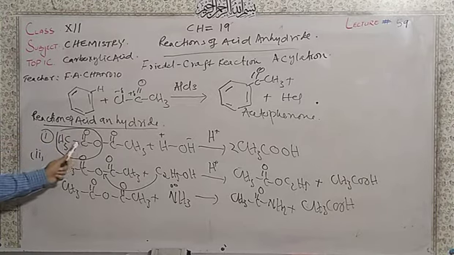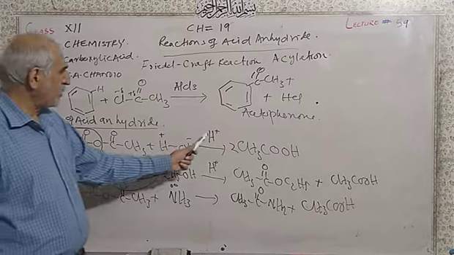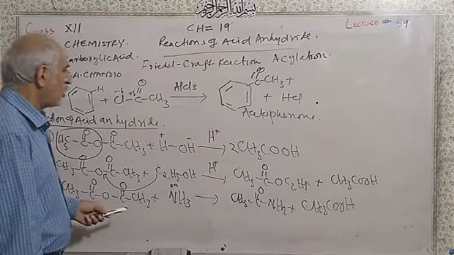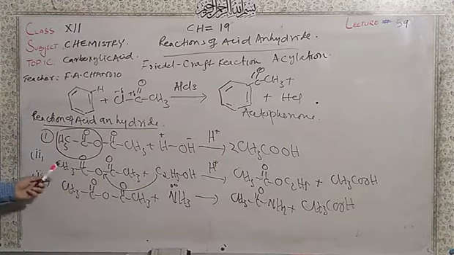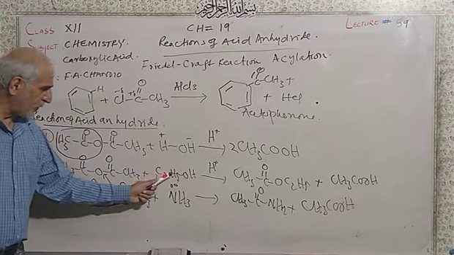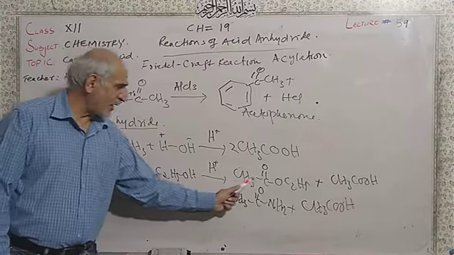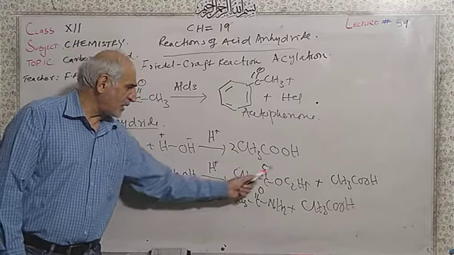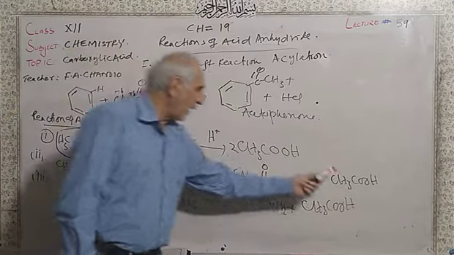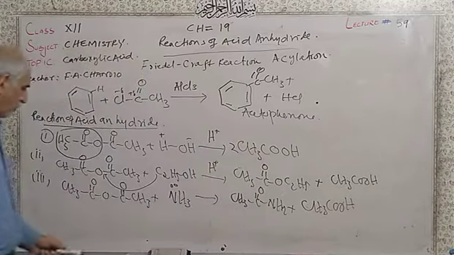Reaction of acid anhydride. This is the acid anhydride, and there is hydrolysis in the presence of acid, and you will get two molecules of carboxylic acid. Number 2, again acid anhydride, reaction with ethyl alcohol. This ethyl will become attached here to make the ester. This is the ester functional group, and you will get the carboxylic acid.